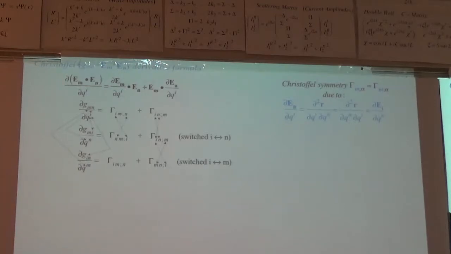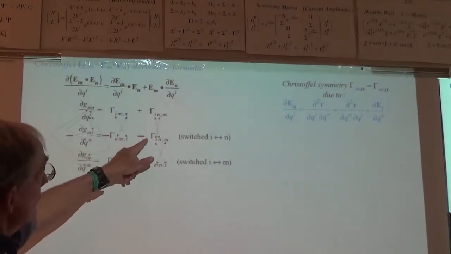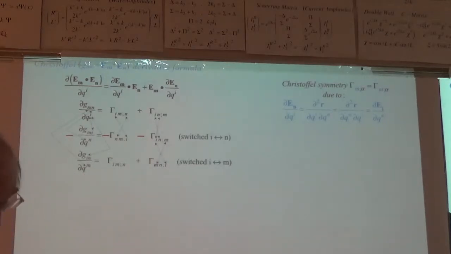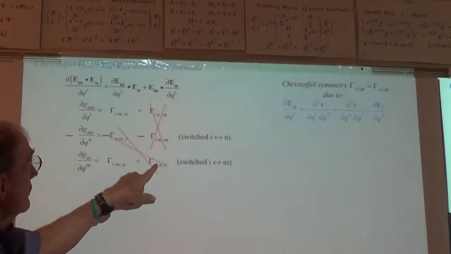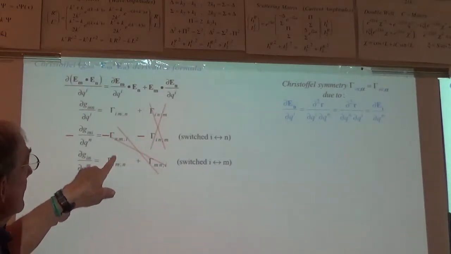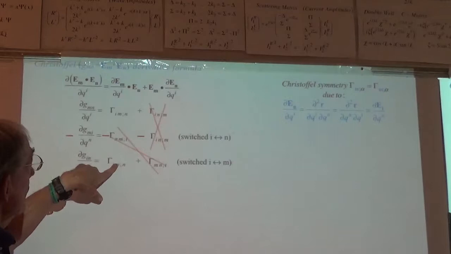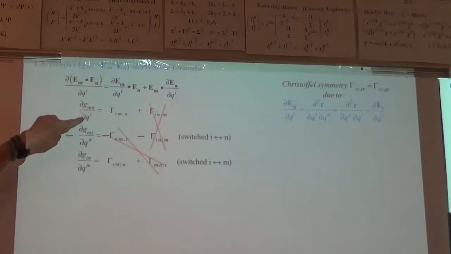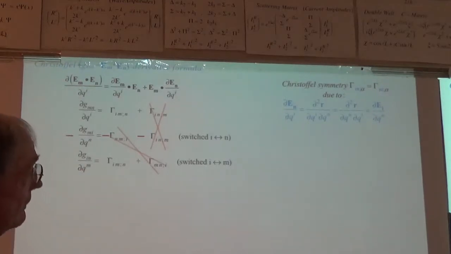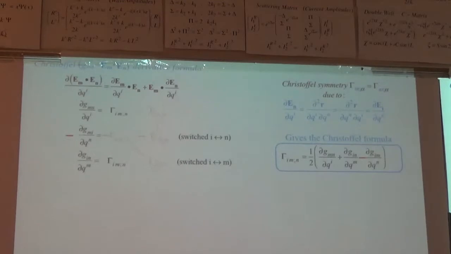And then the idea of doing these switches is we get a bunch of things that can cancel each other. If I put a minus sign on this equation right here, then what happens is that guy cancels that guy cancels that guy, and I get these two guys equal, so 2 times this thing equals this combination. That's the formula that you'll see listed in any book on tensor analysis.